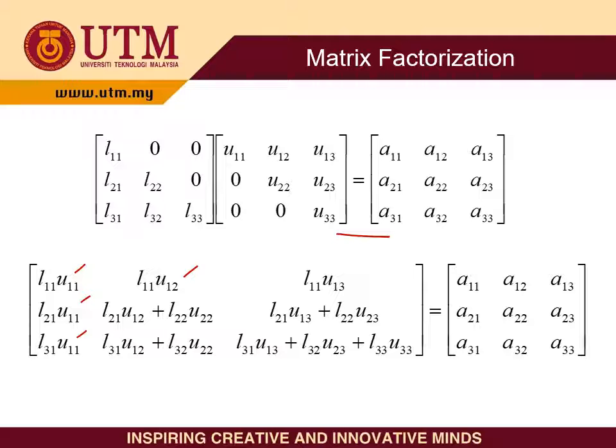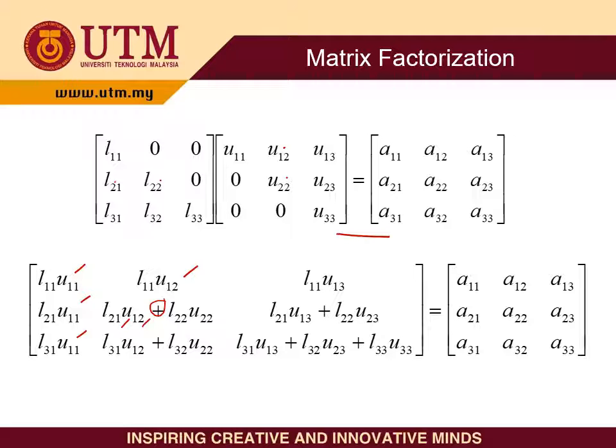And for A22, you need to have two things. L21 multiplied by U12, and then you need to do another operation, which is plus L22 and U22.